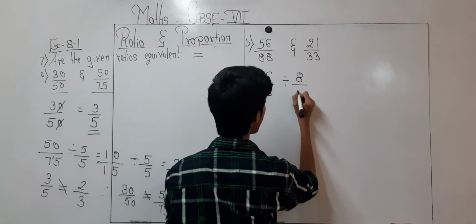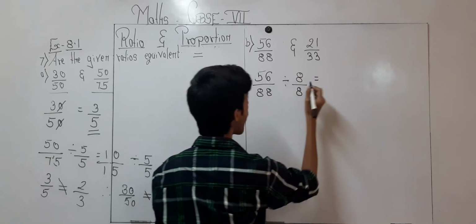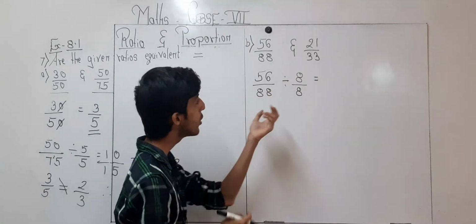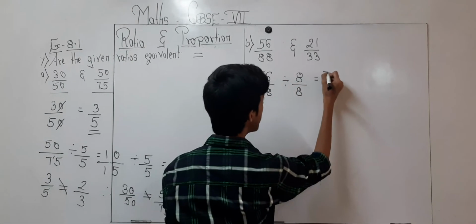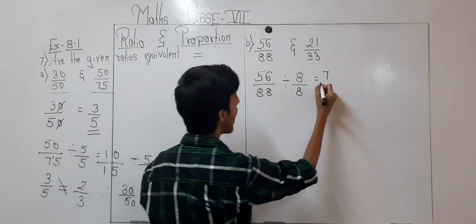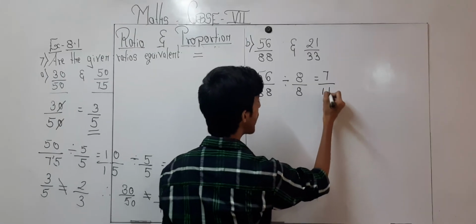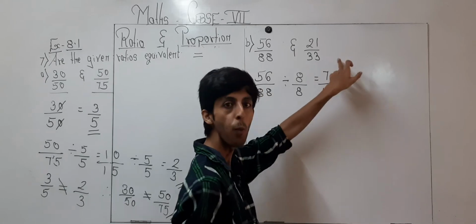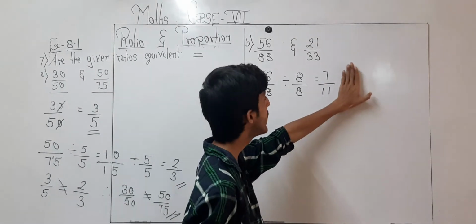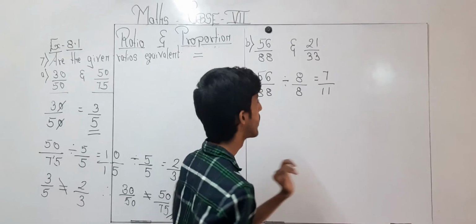So divide by 8, or else you can divide it by 2, 2, 2. Okay, no issue about it. Now 8 7 is 56, and over here 8 1 is 8, 8 11 is 88. Now it cannot be divided further because 7 and 11 are both prime numbers which are not coming in any of the other tables.